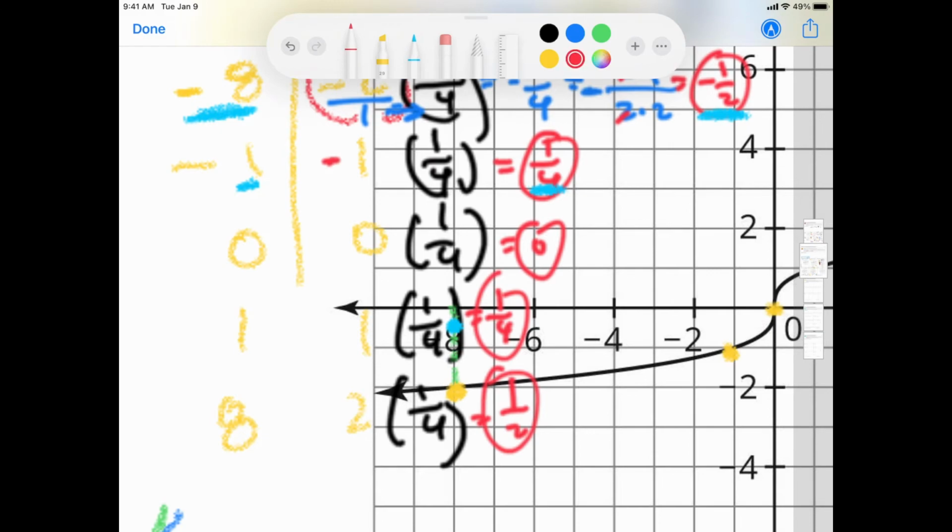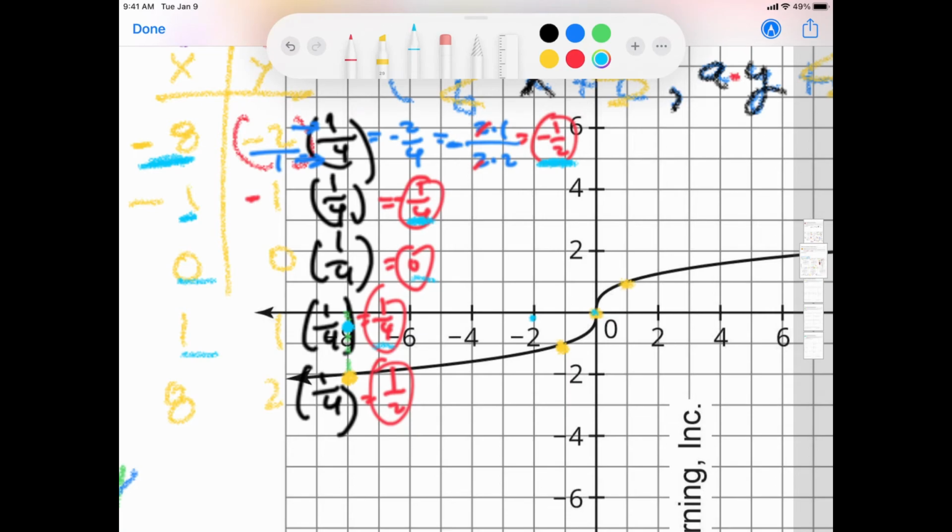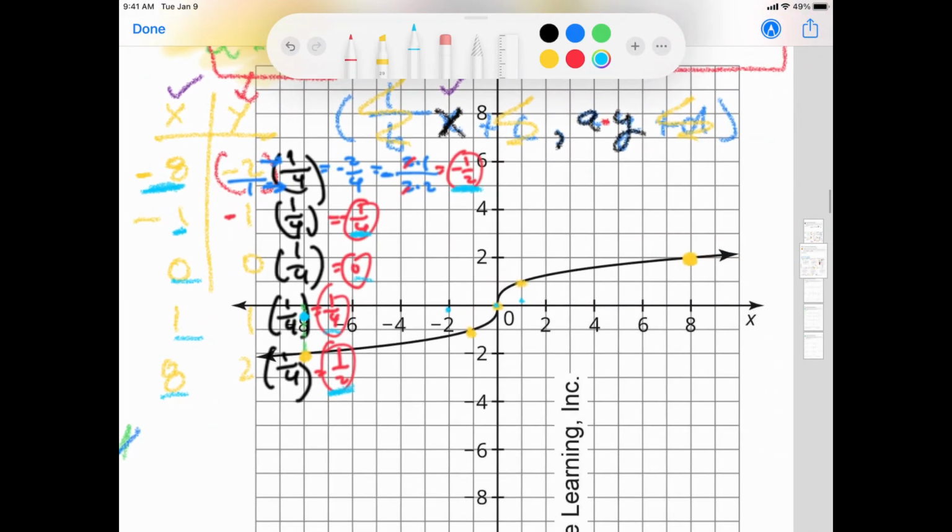Yeah, because that was not negative, so negative. So negative 0.25, so it's even smaller. And then 0, 0, 1, 1/4, so write 1 and then 25 cents. And then 8, 1/2. 8 and then 1/2. So my graph is going to look like this.